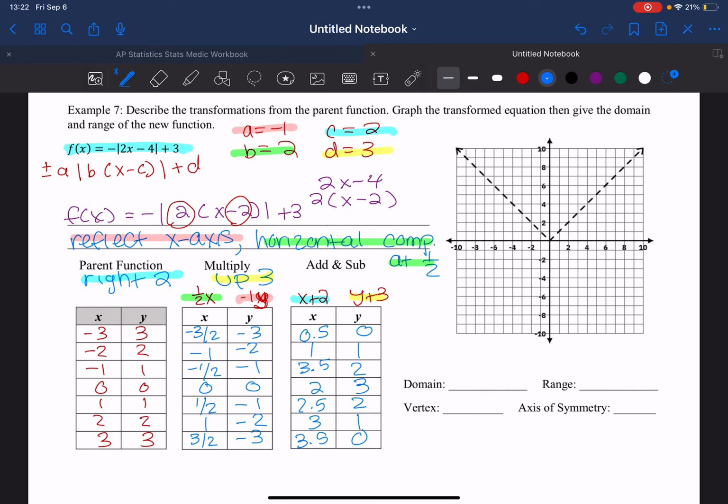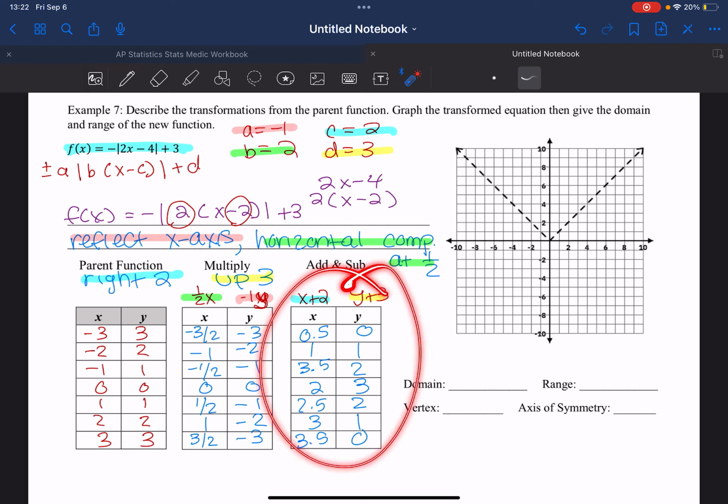Okay. Then I'm going to plot these new points that I just found, and I'm going to plot them over here. Okay, so I have 0.5, 0. Then I have 1, 1. Then I have 1.5, 2. Then I have 2, 3.